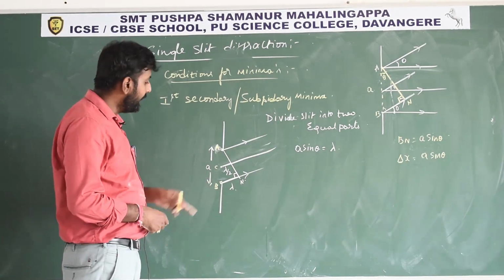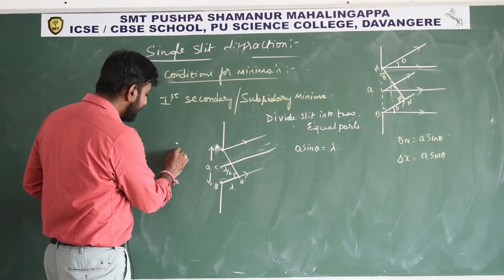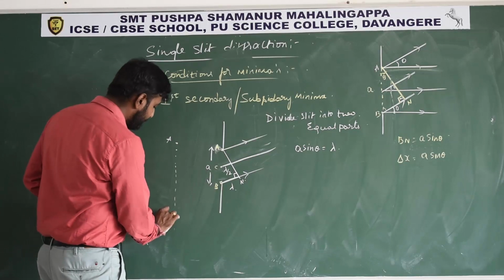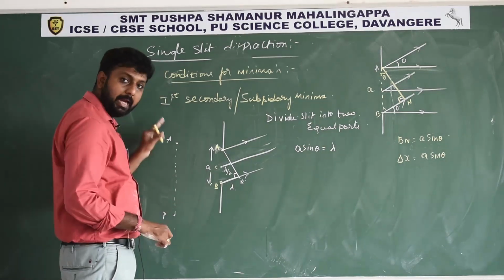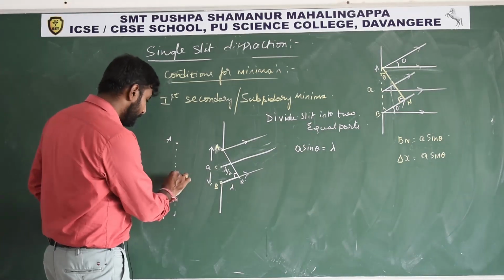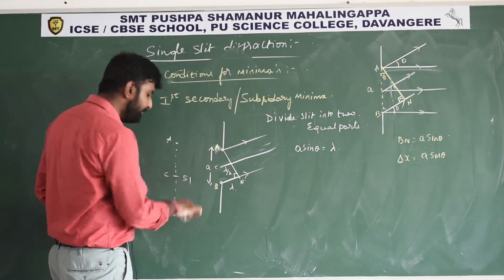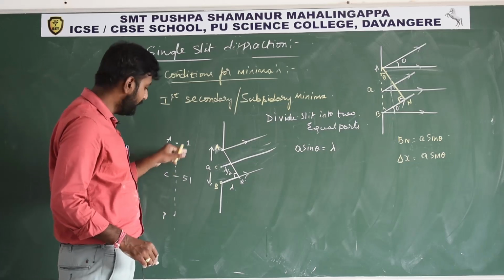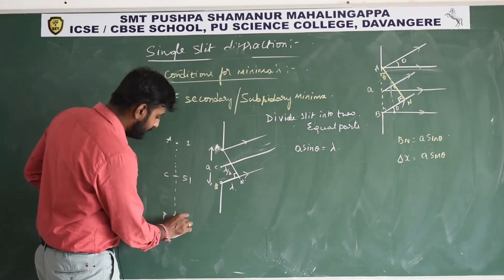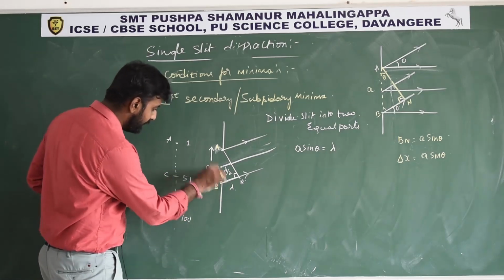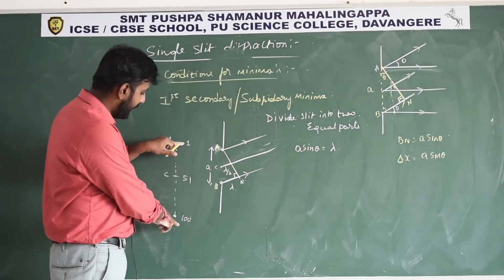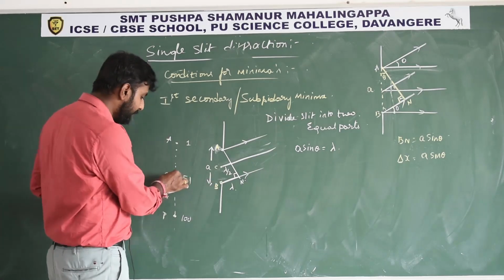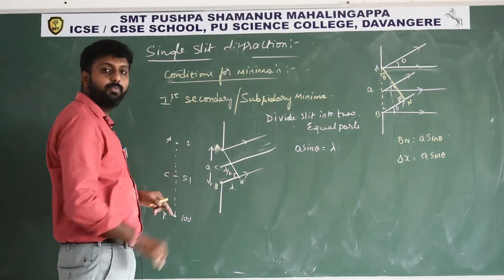Between point C and point B, what is the path difference now? Lambda by 2. Like that, consider 100 points between A and B. So C becomes point 51. Let us take point A as 1. C is the midpoint, right? 1, 51, and this is 100. Between 1 and 100 we have divided into two equal parts, so the midpoint becomes 51.